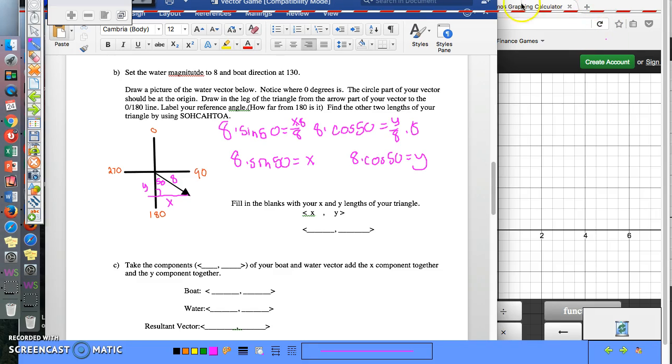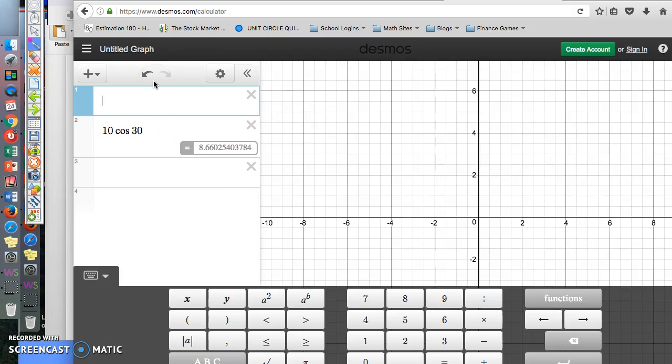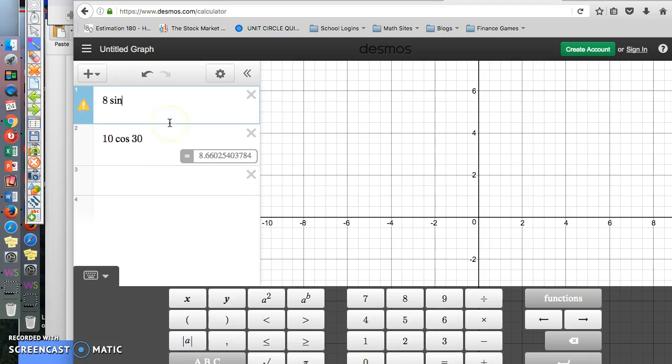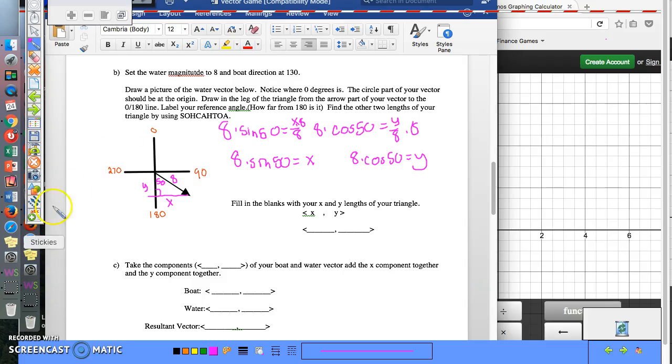We'll jump back to Desmos. 8 sine of 50 and 8 cos of 50. So we have 6.12 and 5.14. So it says x and y again.